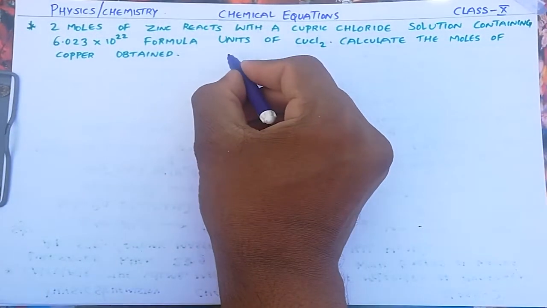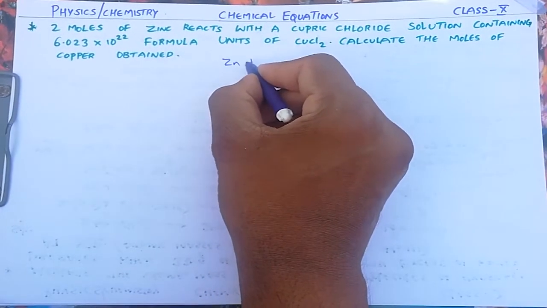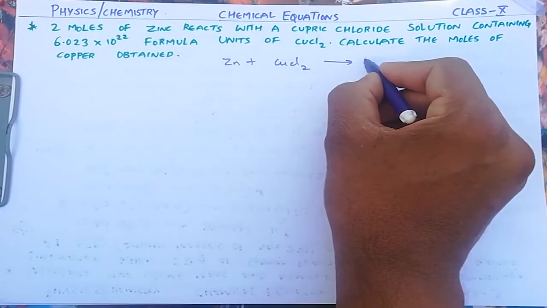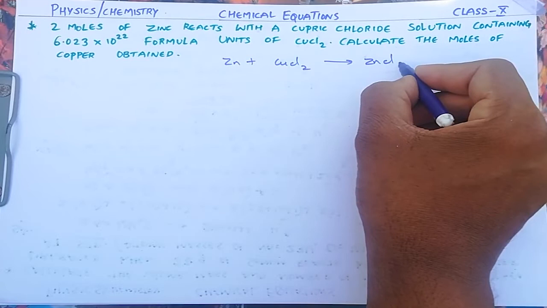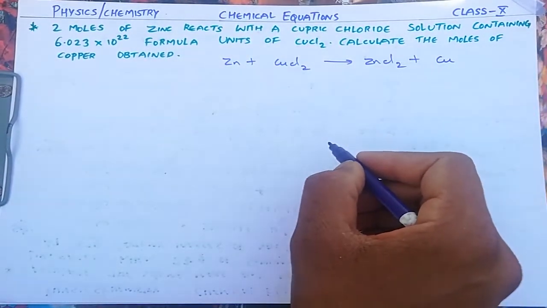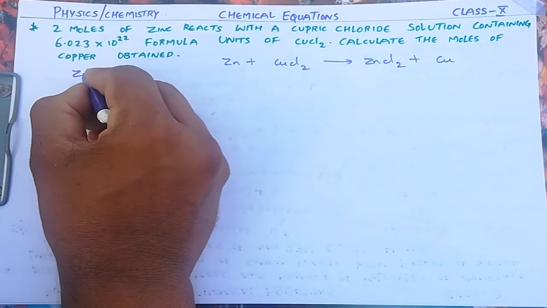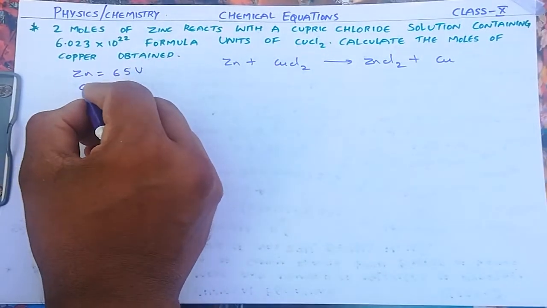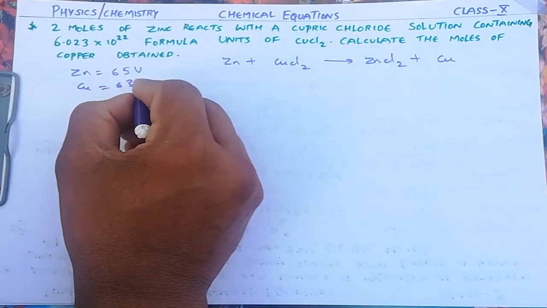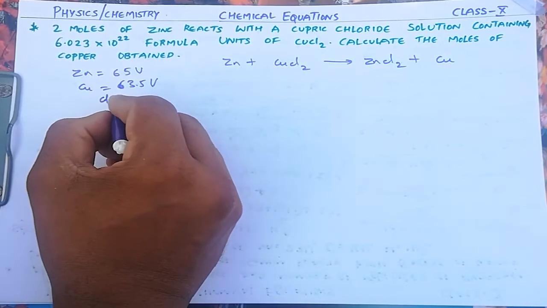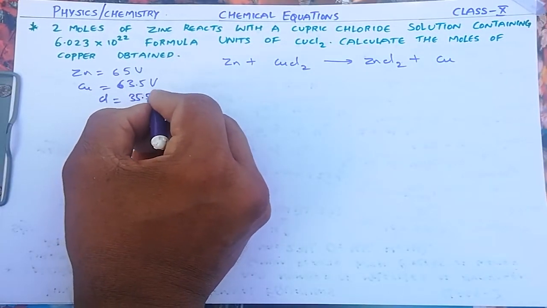First we will write the equation. Zinc reacting with cupric chloride CuCl2, we get zinc chloride ZnCl2 plus copper is separated, Cu. Values: Zn is 65, copper is 63.5, then chlorine is, we know, 35.5.